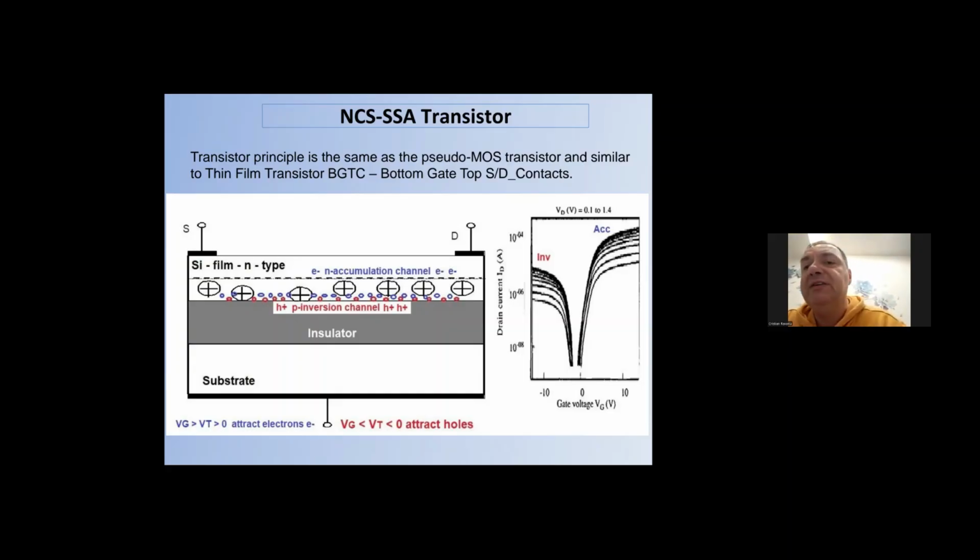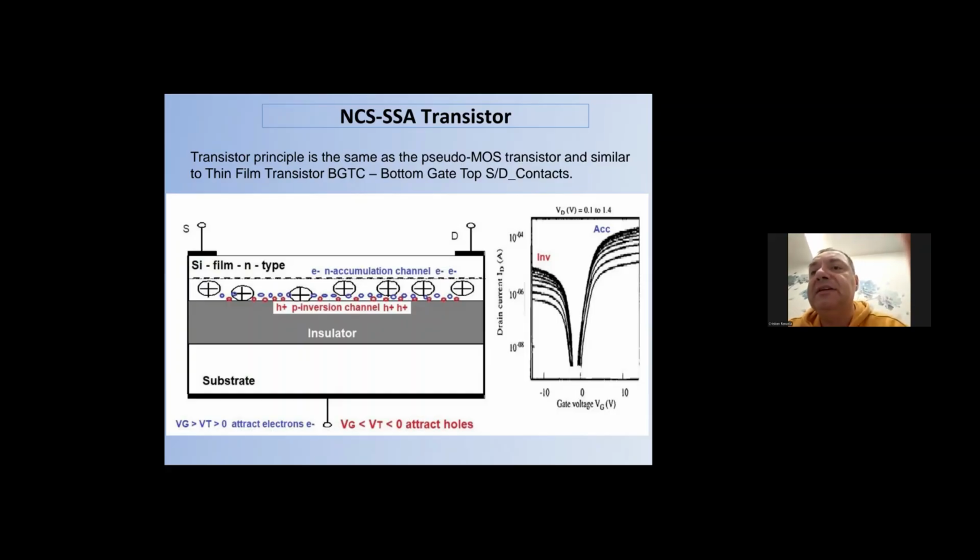With red color, if we apply a negative gate voltage, we reject electrons, and after the rejection appear these plus signs in circles, which are the positive ions of the impurities. And if we insist and apply Vg negative, below Vt, the threshold voltage, we can also attract holes at the bottom of the film.